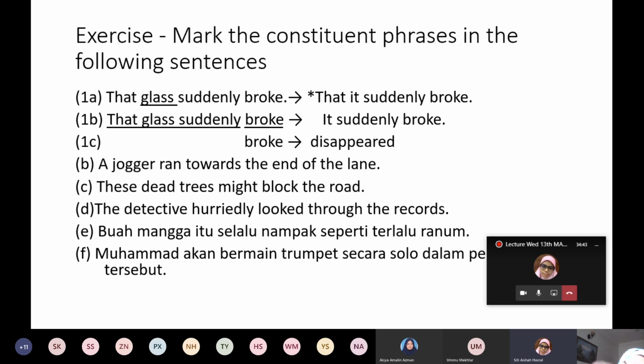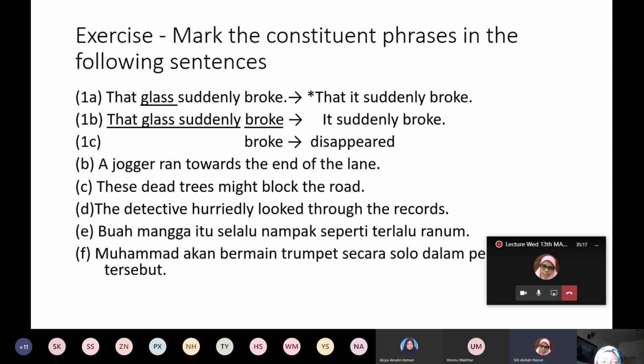But previously, a jogger ran towards there is not grammatical, because you left towards behind. Later we will see that when you move things or do things to the constituent, you cannot use only part of it. You must use the whole constituent. So ran towards there leaves one element behind, and that's why it's ungrammatical.